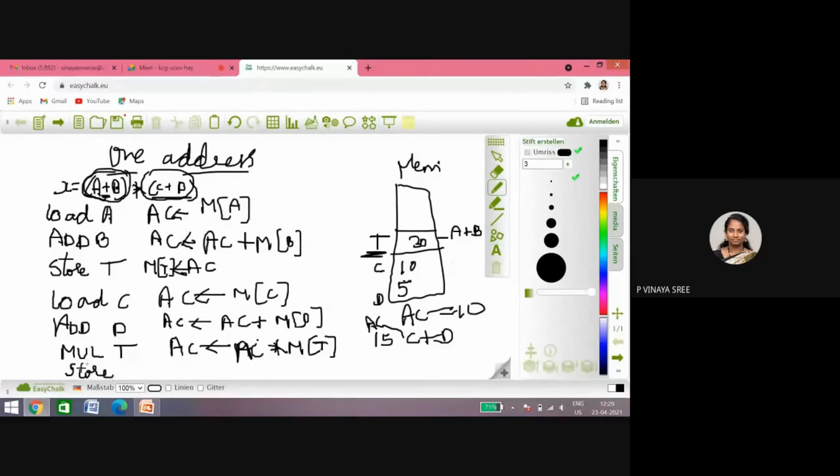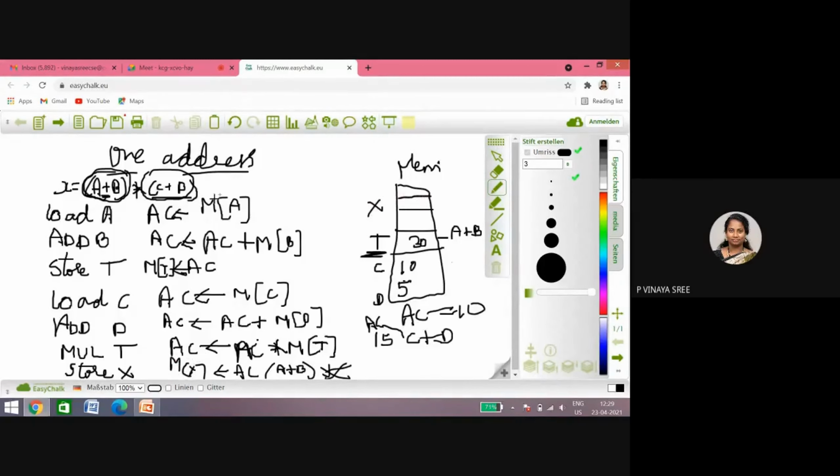So store X. Whatever we have in the accumulator, a plus b into c plus d, has to be stored in the location given in the question paper. It is given in the task, X equals. So we have to store the result in the M of X location.